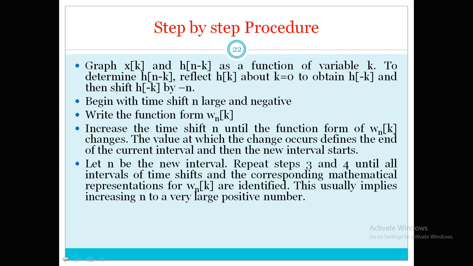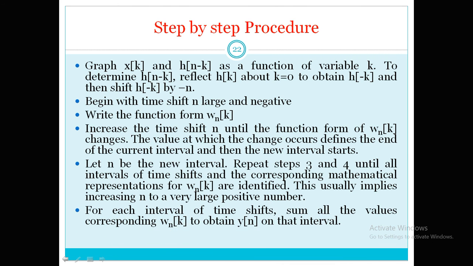So what we need to do is see that n goes from a very large negative value to a very large positive value, such that we see where these two signals x of k and h of n minus k overlap, and where the intervals will change. Those things we need to catch, and we need to do the summation accordingly.